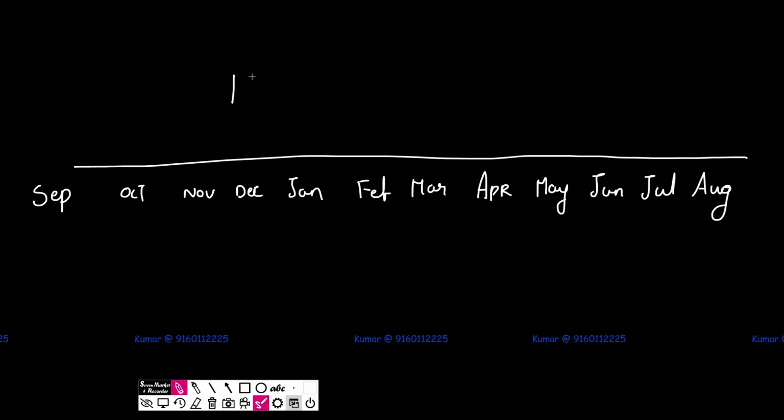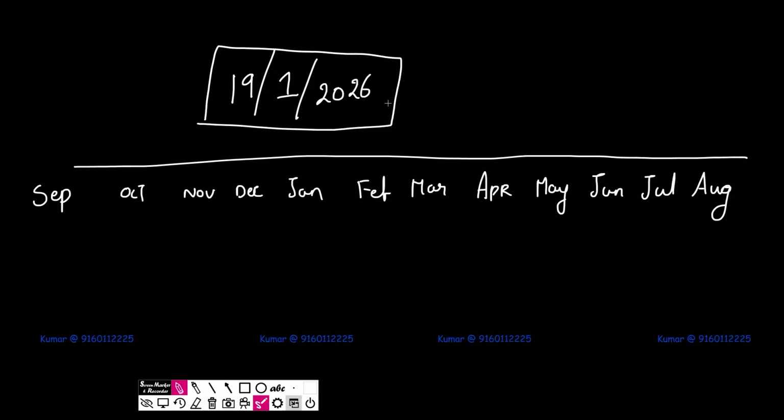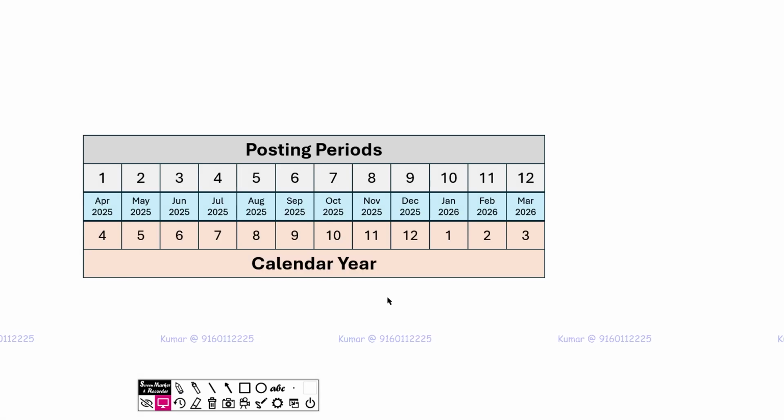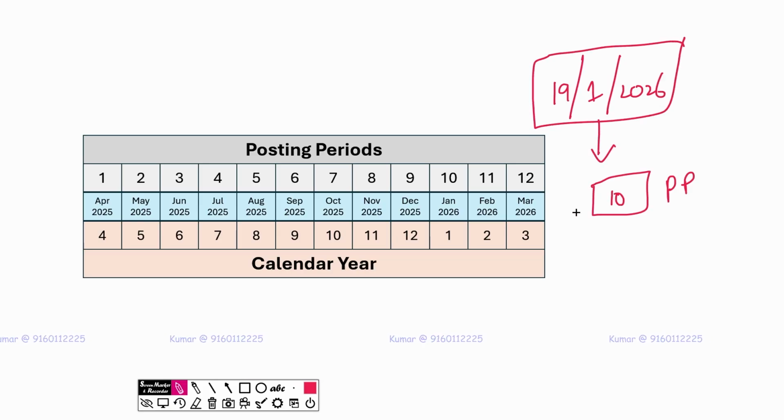So if we take 19th January 2026, 5 will be the posting period. Correct. Now, as per the Indian financial year, 19th January 2026 is the posting date. In this posting date, the posting period is 10.